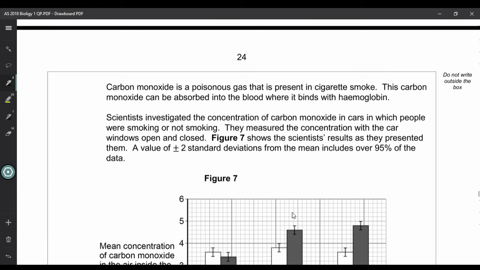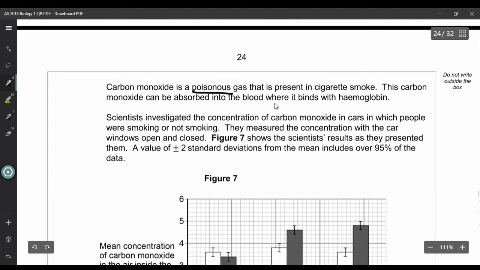Okay, so we've got some data in the form of a table here. So what I'm going to do is just go through some of the important features of the table. So we've got carbon monoxide as a poisonous gas, which is present in cigarette smoke. So it's telling us that it's poisonous. Okay.